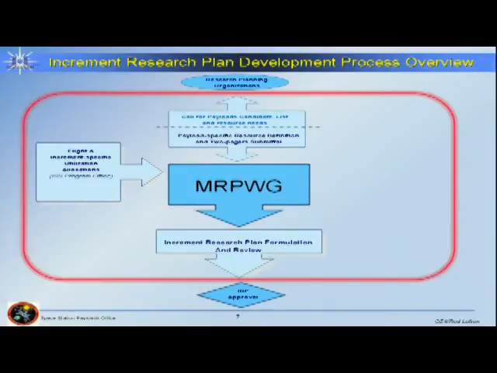That's done over the increment, so we have to keep those in mind and adhere to those requirements as we put together the plan. Next click. We also need to take into account, obviously, the vehicle launch schedules and sequences, which vehicle is coming first and how long it's going to be on orbit and what its capabilities are. And those are, again, the shuttles and the international partner launch vehicles. Next click.